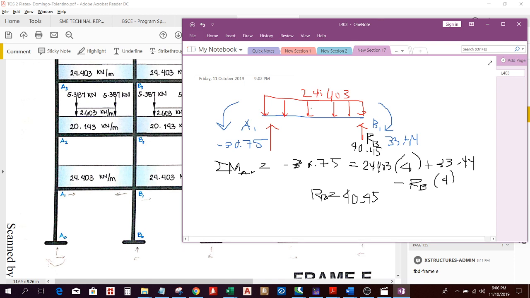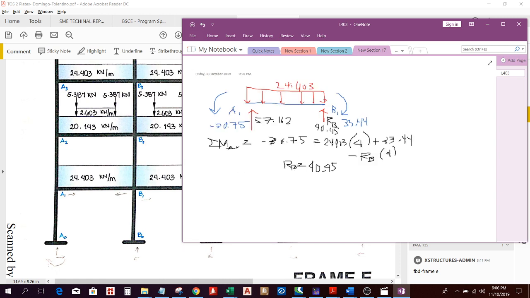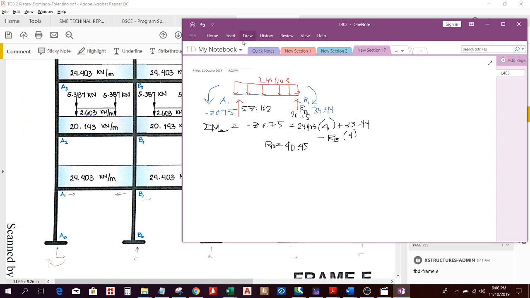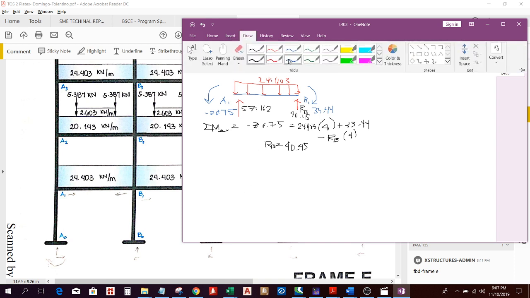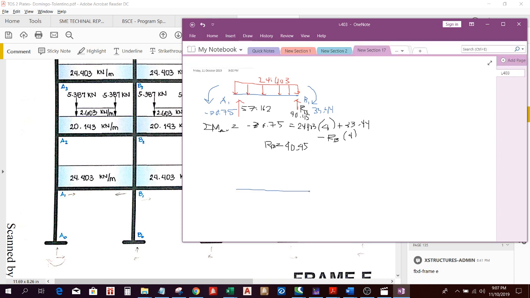By equilibrium, we will need 24.403, the vertical force downward, times 4, resisted by 40.45. So he needs help from RA of 57.162, by summation of vertical forces. So that's it. You now have the shear diagram.